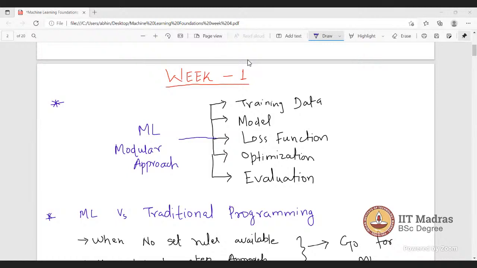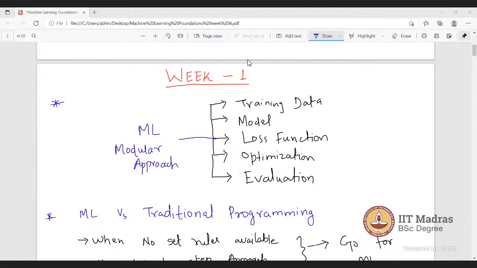Even the traditional problems can be solved by machine learning, but that is like complicating the problem. At this level, when we're talking about machine learning versus traditional programming, this distinction has to be very clear, right? Yeah. So even the traditional problems can be solved using machine learning, but sometimes you are complicating the process. If you can do it by traditional programming, then why go for machine learning? That's the main question. Got it.